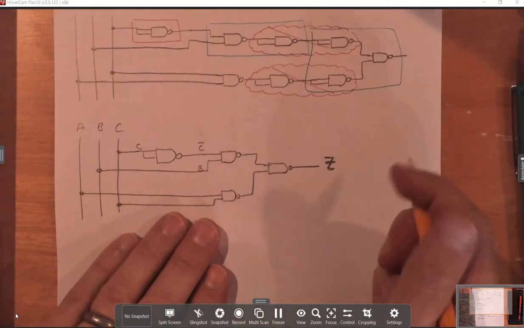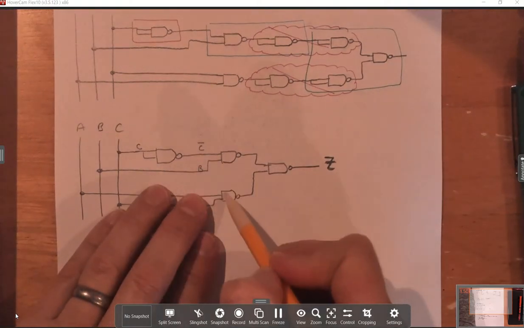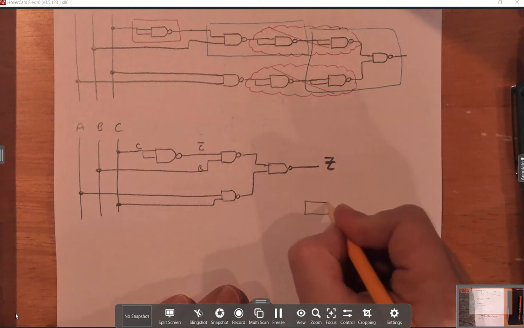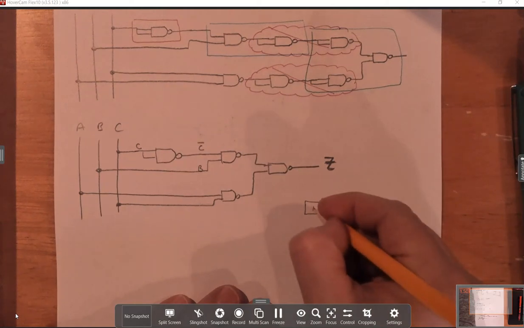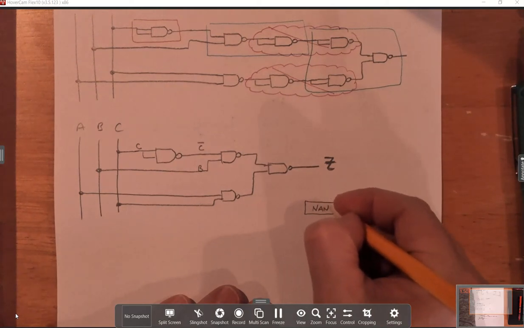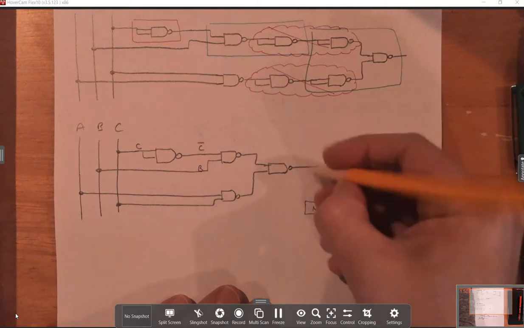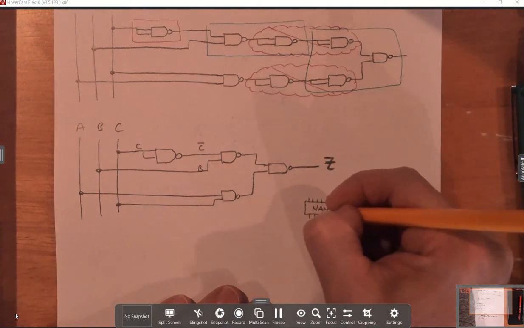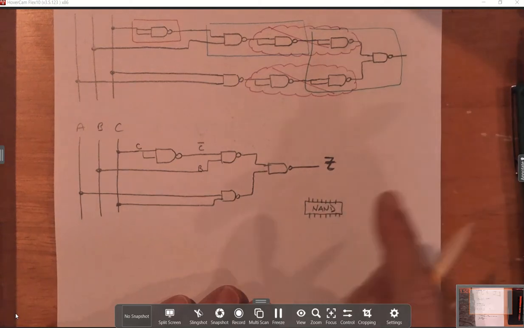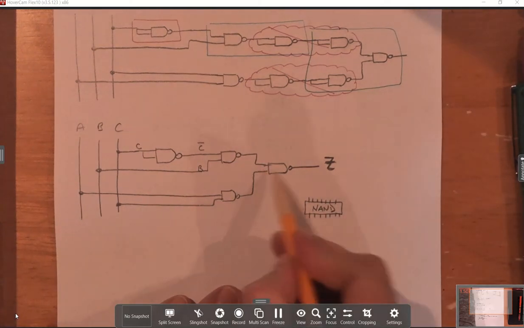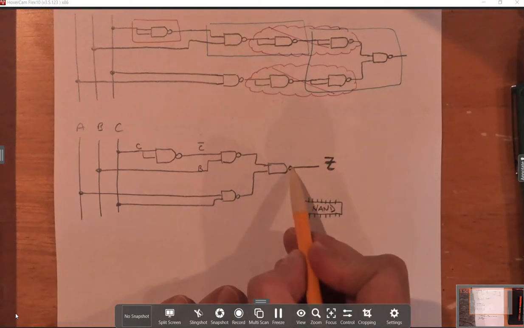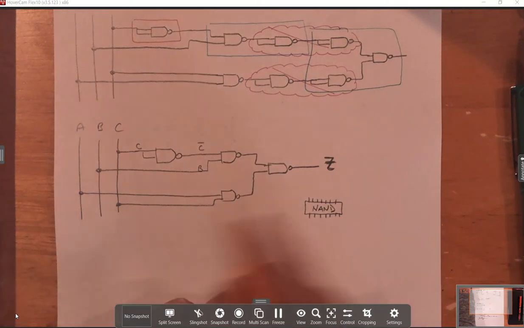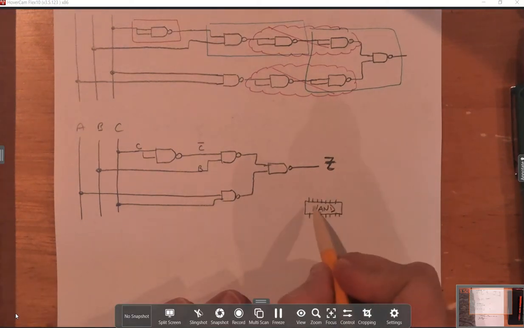If we come down here, we have 4 NAND gates. Okay? So if you go and get a NAND chip, the NAND uses 3 pins for each gate. There's 14 pins here.